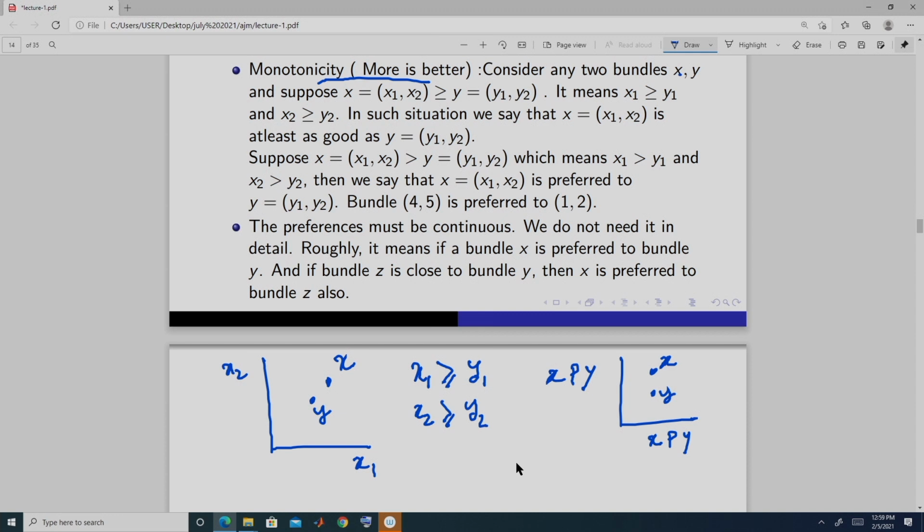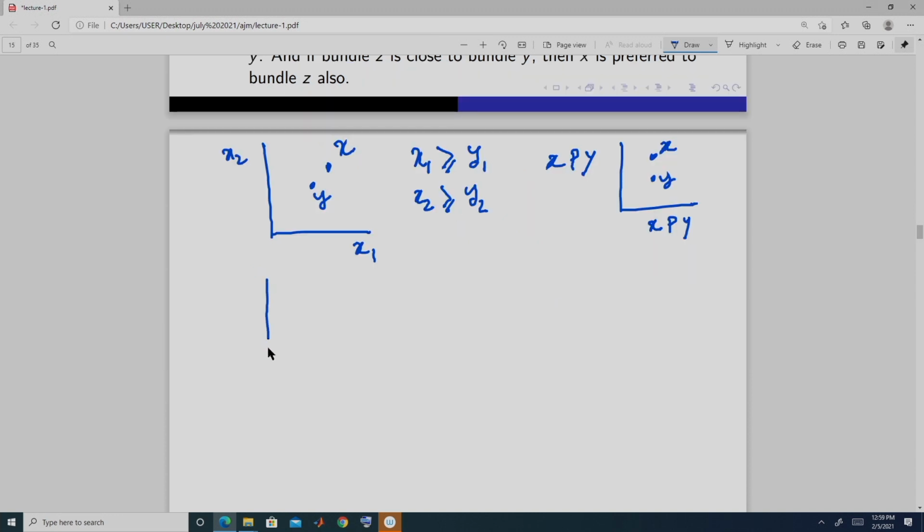And similarly, if this is the y bundle and this is the x bundle, then we again say x is preferred to y, because the amount of good 2 is the same and x1 is greater than y1, so good 1 is more in x. So we can have these three possible ways, and we know how we define the preference.